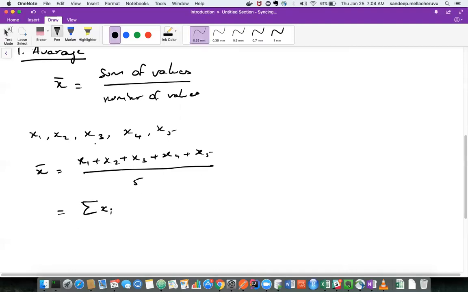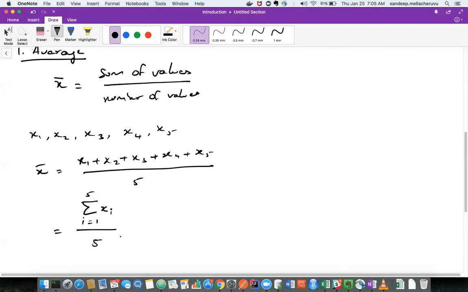So I can write all these summations in sigma notation, which means a summation of xi, where i is running from 1 to 5. I'm converting these number of terms into a single term, divided by n, which is 5. Okay, this is how I can do it.